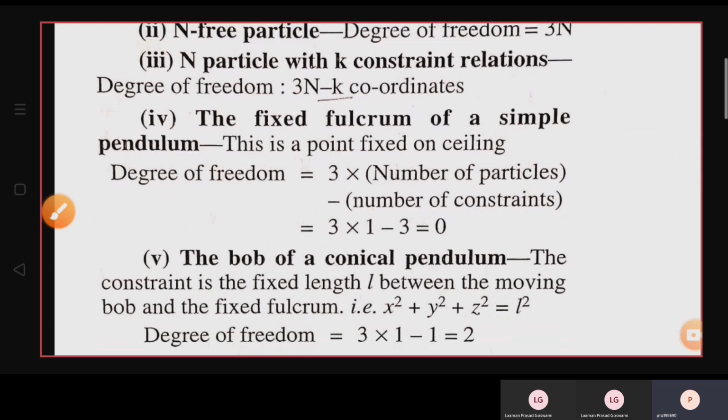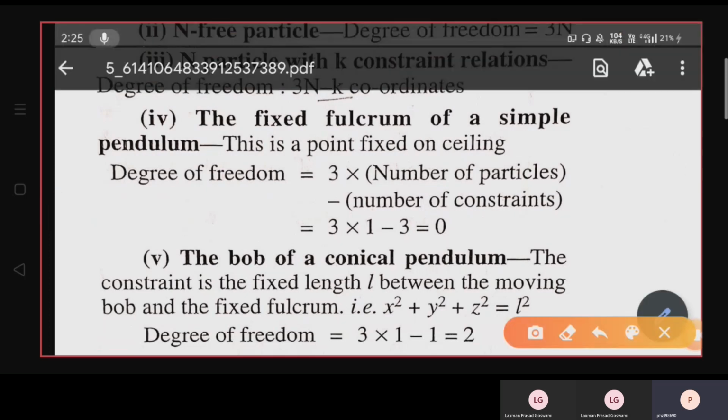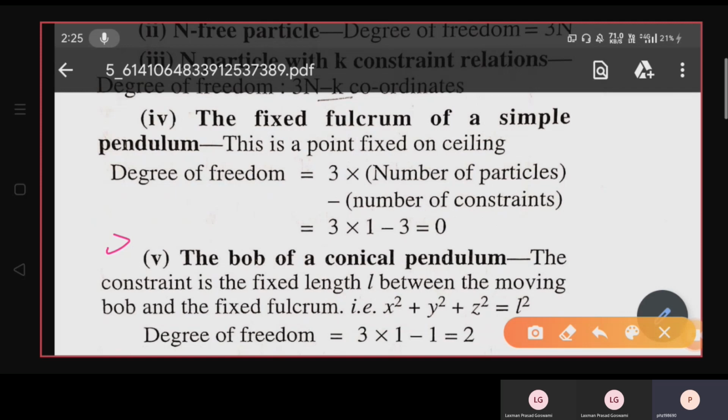Suppose we take an example of a fixed fulcrum of a simple pendulum. Fulcrum means the support where the pendulum is hanging. So it is fixed, suppose at a point on the ceiling. The degrees of freedom will be 3 into the number of particles minus the number of constraints.